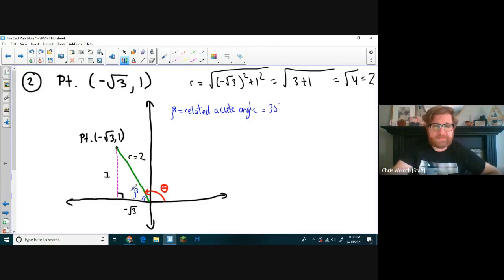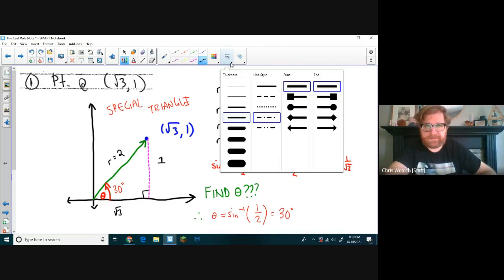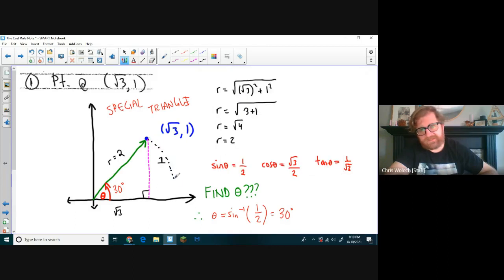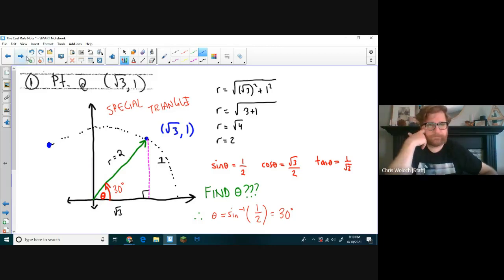This beta is 30. Why? Well, think about it. This is the same radius. All I'm doing is spinning this around. It's the same radius, everything is the same. The negative just denotes that I'm in a different quadrant, which means my related acute angle is the same.